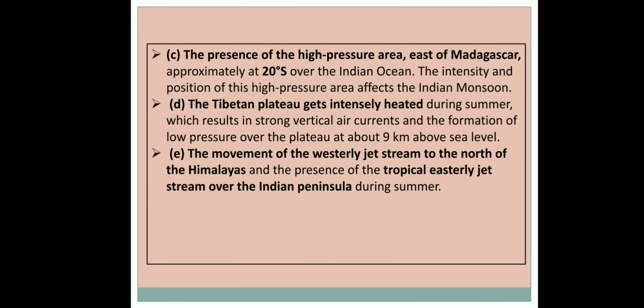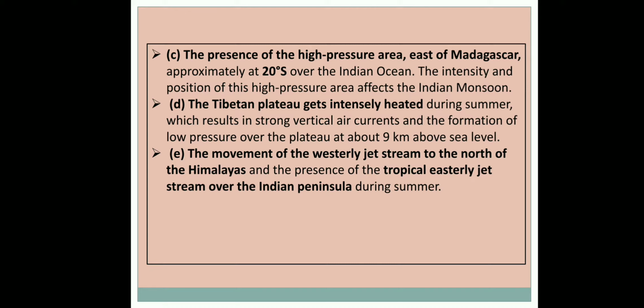Another important fact is the presence of the high pressure area east of Madagascar, approximately at 20 degrees south over the Indian Ocean. The intensity and position of this high pressure area affects the Indian monsoon.